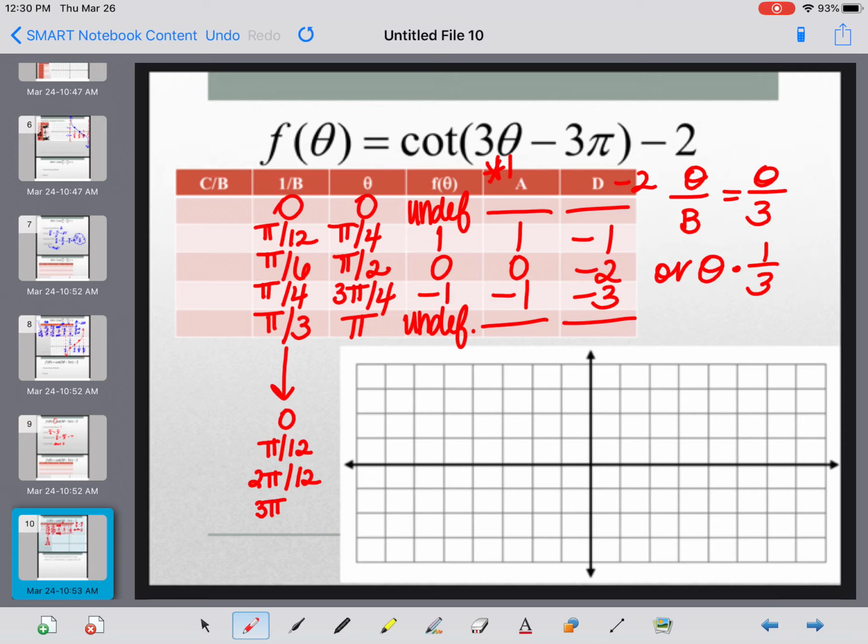So then 2 pi over 12, 3 pi over 12, 4 pi over 12. We found that our phase shift was plus pi. 12 pi over 12 is the same thing.